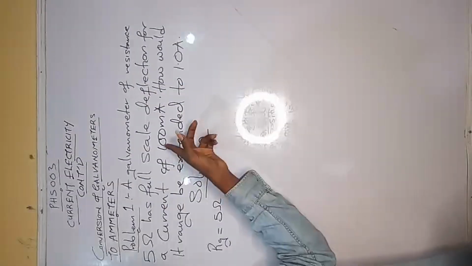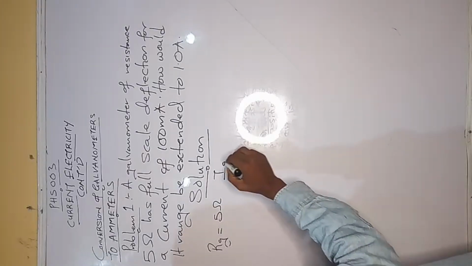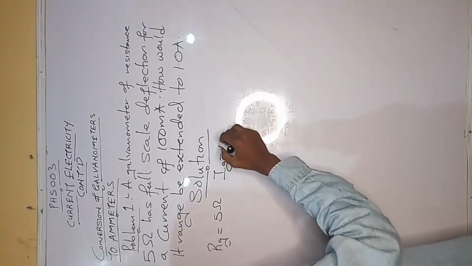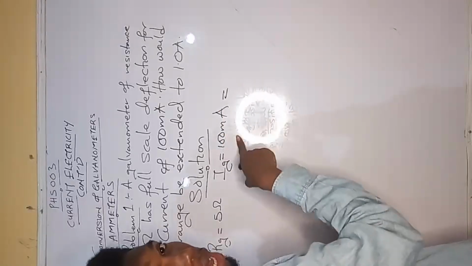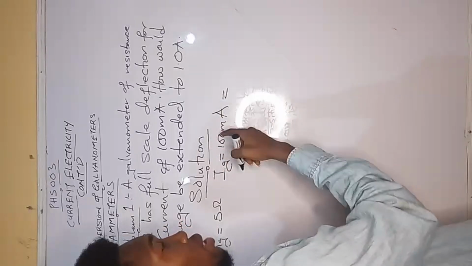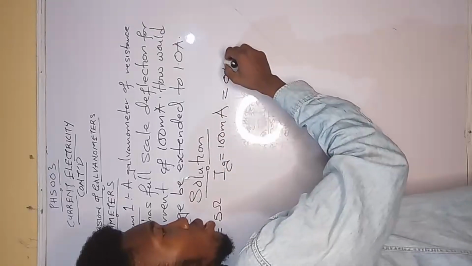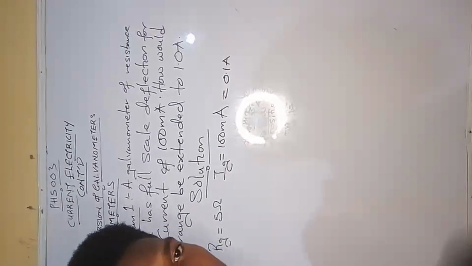The magnitude of the current it can deflect is this 100 milliamp. So that is the current of your galvanometer, IG, 100 milliamp. Of course, we have to convert our milliamp to ampere by dividing by 1000, so we have 0.1 amp.